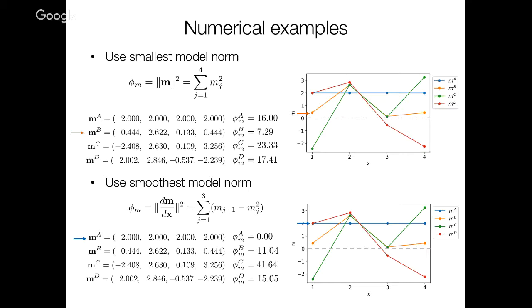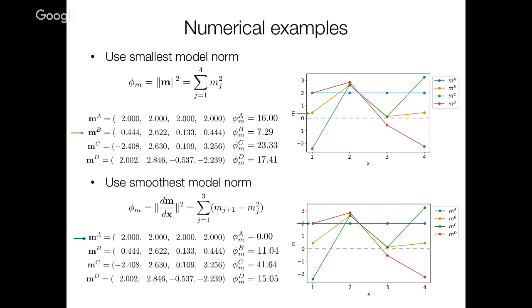So we've got four models here. If we chose this norm, we'd pick out this solution. If we chose this norm, we'd pick out that solution. So that's how things are going to go.